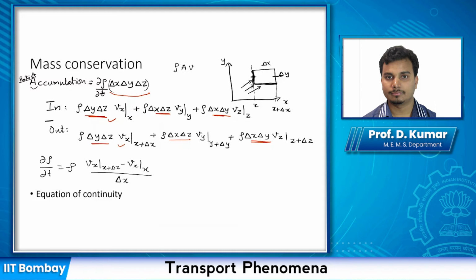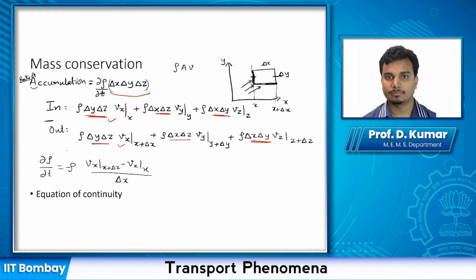Okay, remember that we are using partial derivatives everywhere because things are changing in all three directions, and also density is changing with respect to time. Okay, so velocity also, if you are solving a transient problem, is a function of time. So we use partial derivatives here.